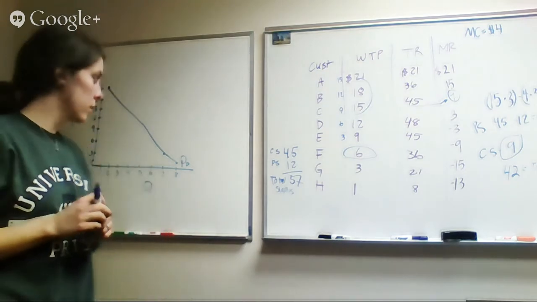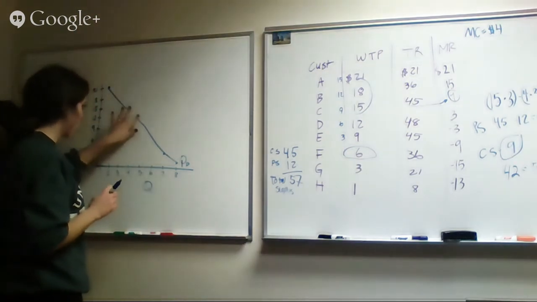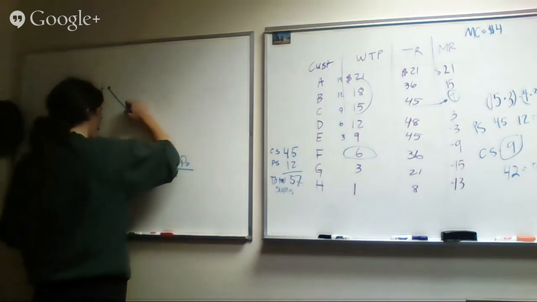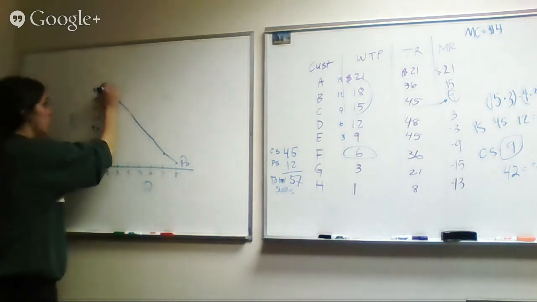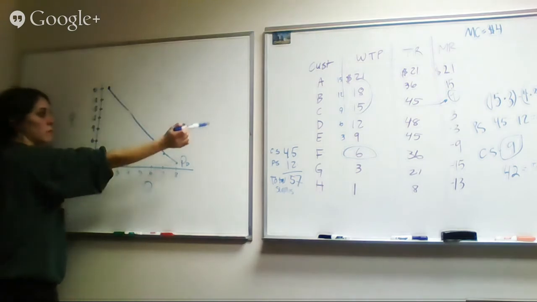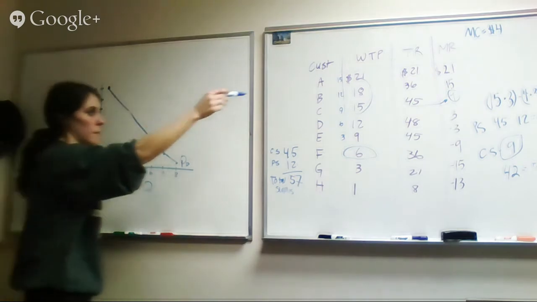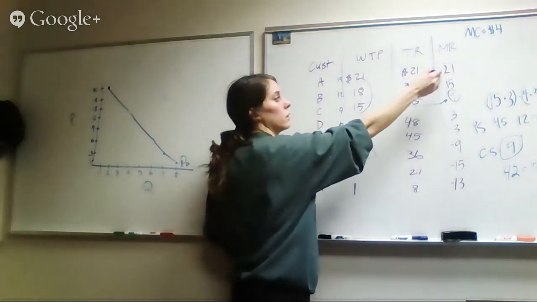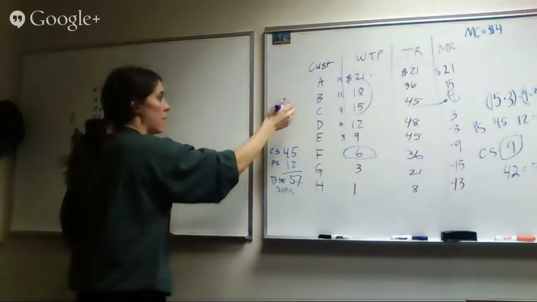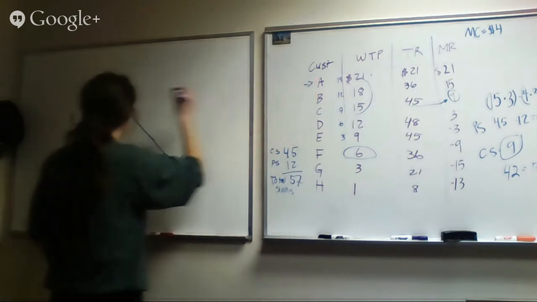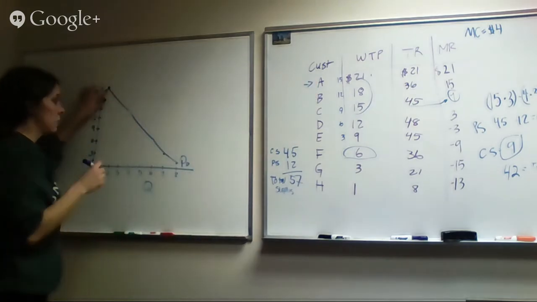The marginal revenue curve is going to be half of the demand curve. So we also have the numbers. There's going to be one person. The marginal revenue at this willingness to pay of 20 for person A, quantity of one, is 21.